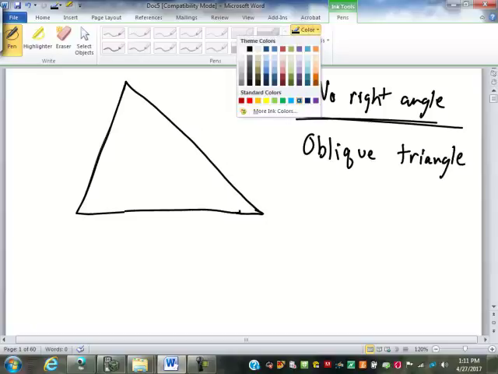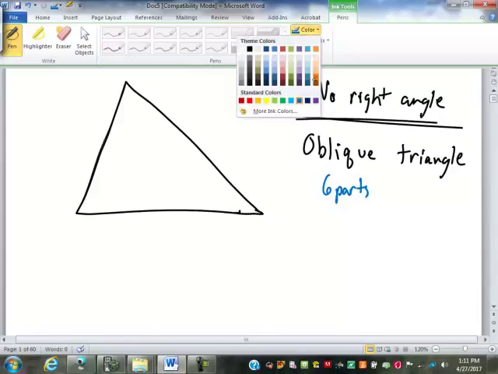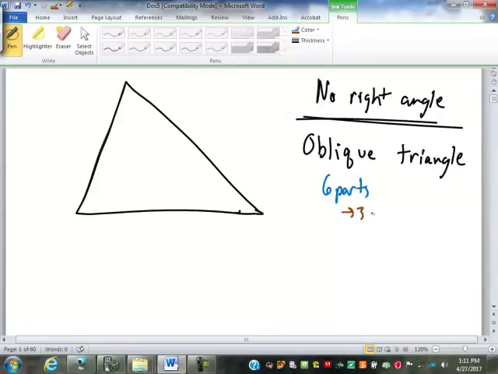Now remember, we discussed earlier that every triangle has 6 parts. Of those parts, there are 3 sides and 3 angles.